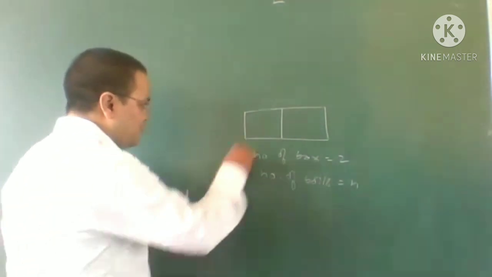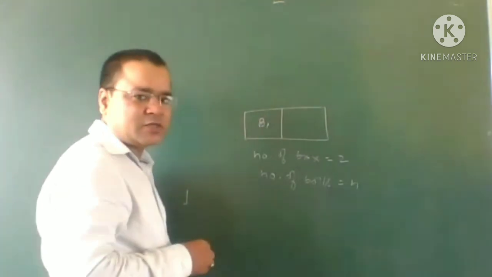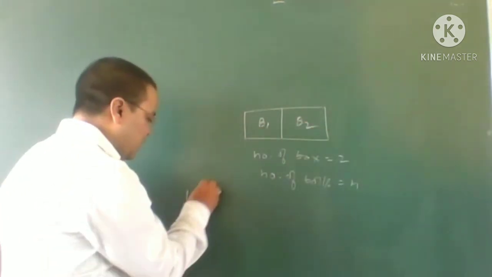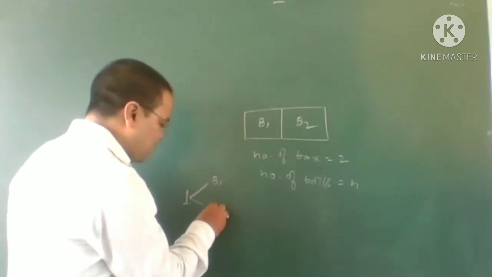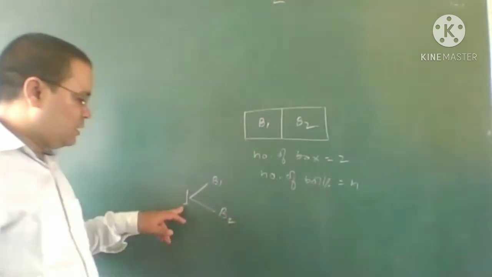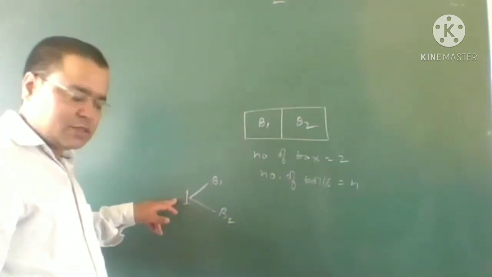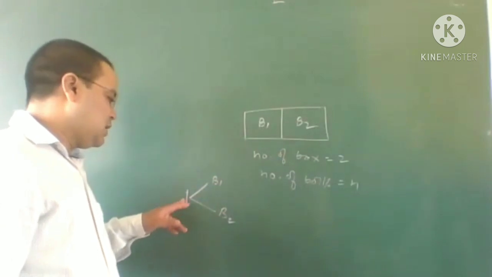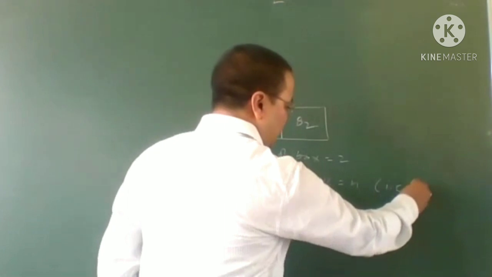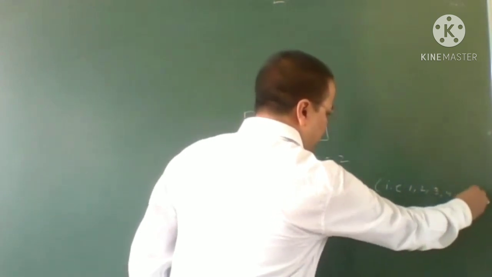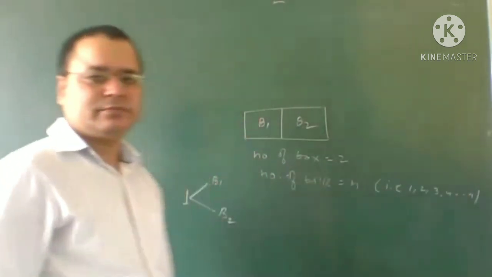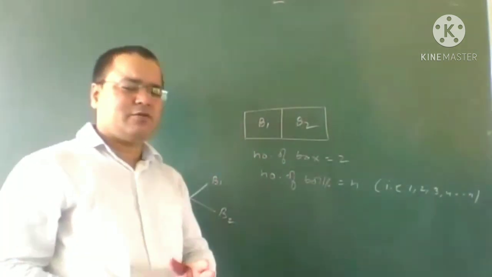Let B1 be box 1 and B2 be box 2. The first ball can be put in B1 also. Here we number the balls 1, 2, 3, 4 up to n, like up to 10. These n are the number of balls. Getting? Very simply try to understand.